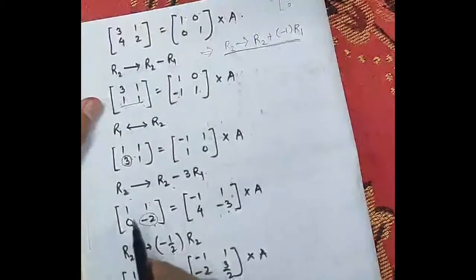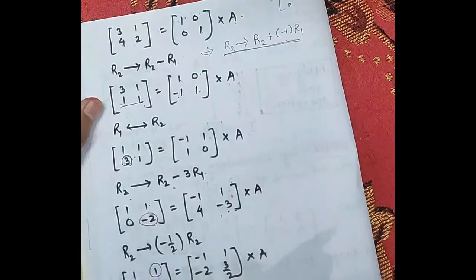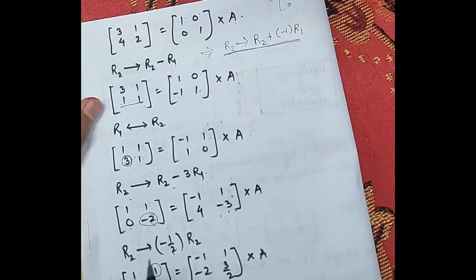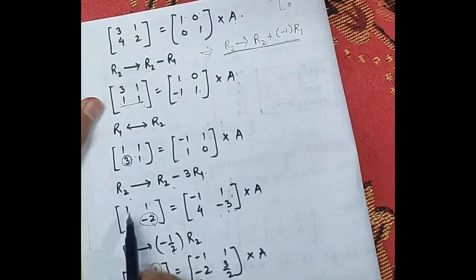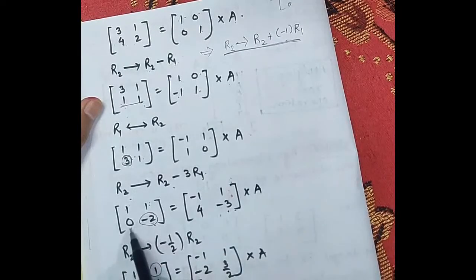But remember, what you have already changed should not be changed again. You have already made it 1 and 0, so choose that elementary operation in such a way that these two elements do not change. Okay. So it is very easy.